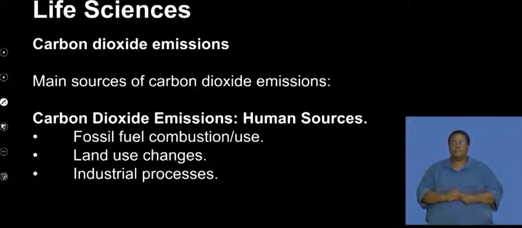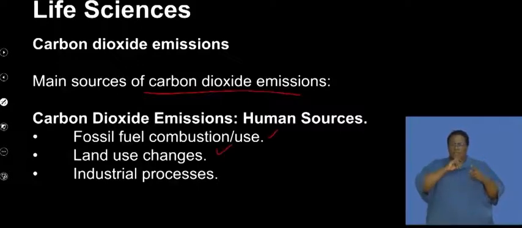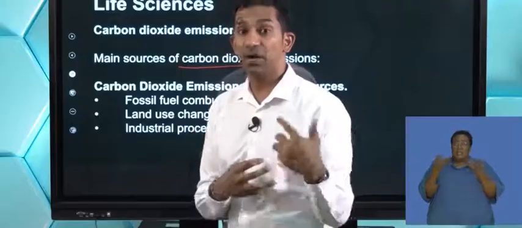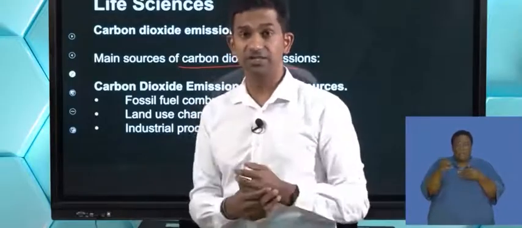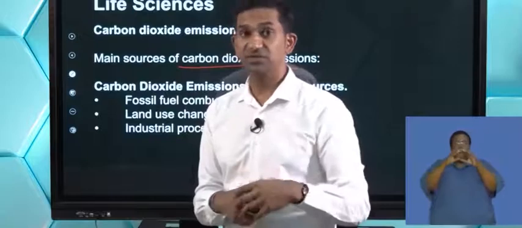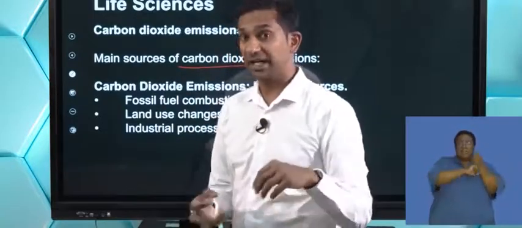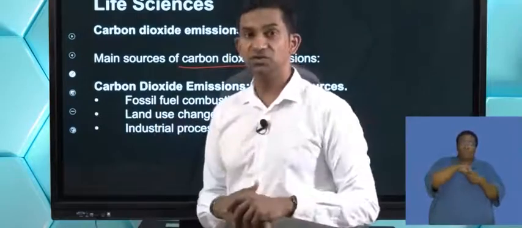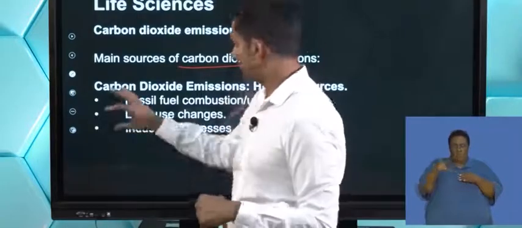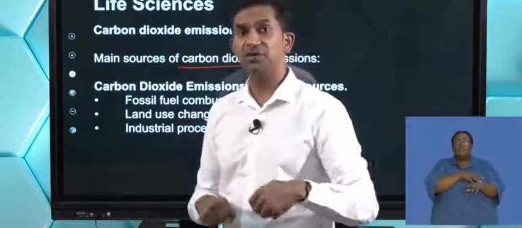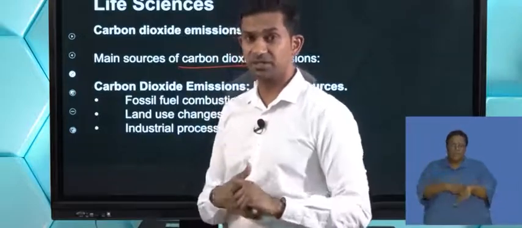So the main sources of carbon dioxide emissions are fossil fuels, land use changes, and industrial processes. If you look at the combination of these, some of our powerhouses that drive the economies of their countries are supported by industries. And these industries, including the use of land for agriculture, are driving this increased emission of carbon dioxide globally.